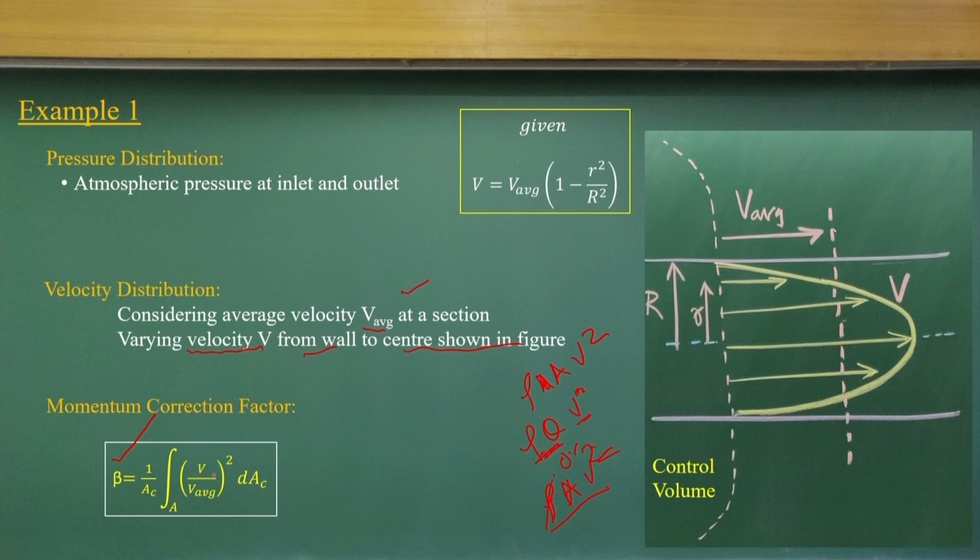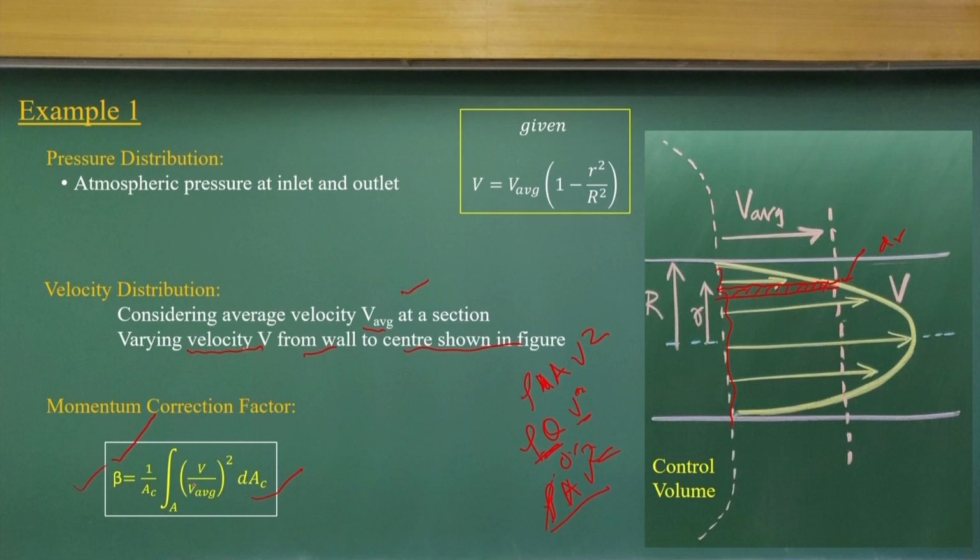So first I compute the momentum flux in terms of rho V squared over the control surface, rho A V squared in dA c, and divide by the average conditions to compute the beta factor. I will take a small element area at distance r, with thickness dr in the radial direction, and compute the area.